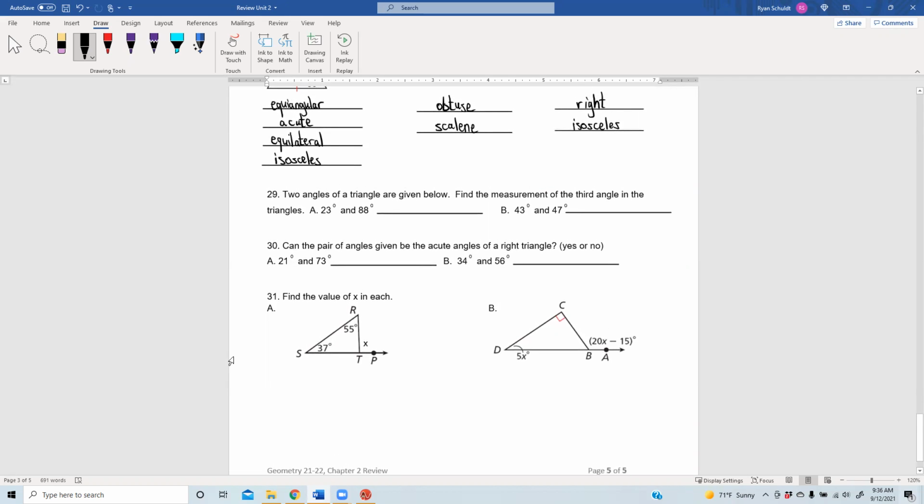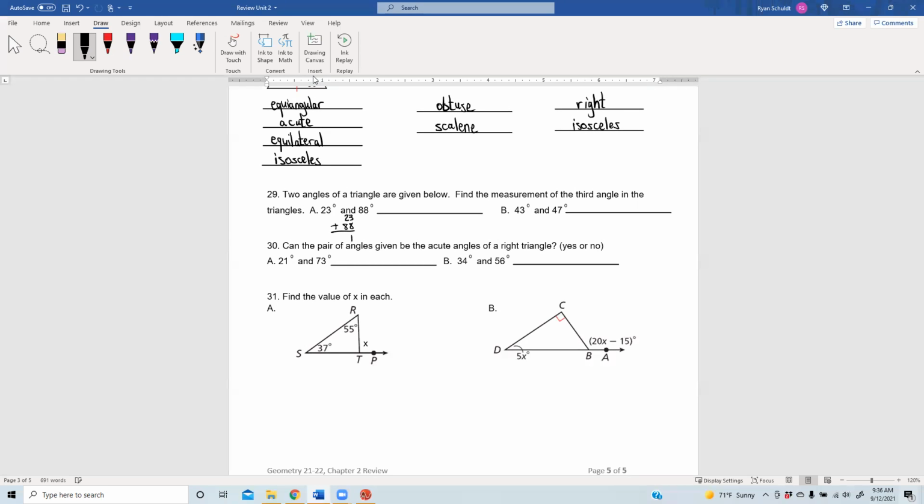We're getting to the end, almost there. Okay, 29 asks us to find the third angle. Remember, all triangles have to add to equal 180. So to get the third angle, I can add the two they give me. So 23 and 88, add those.